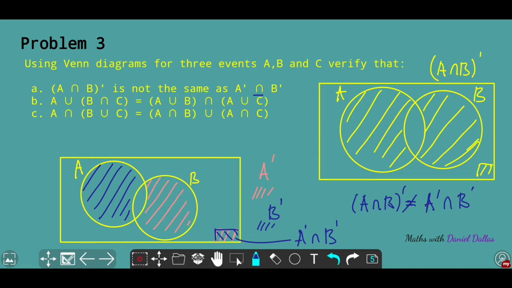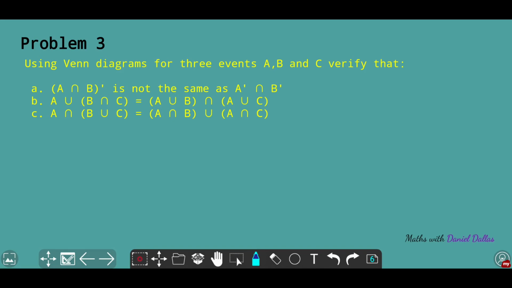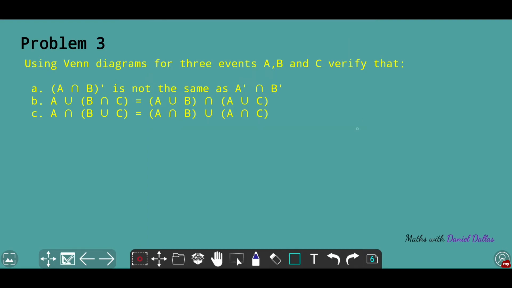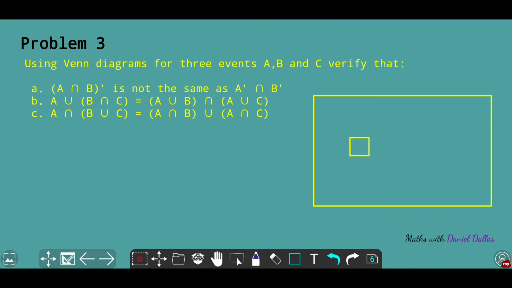Here's part B. For part B, we're going to use 3 different circles, A, B, and C. So let's take again a Venn diagram and put 3 circles: circle 1, circle 2, and circle 3.